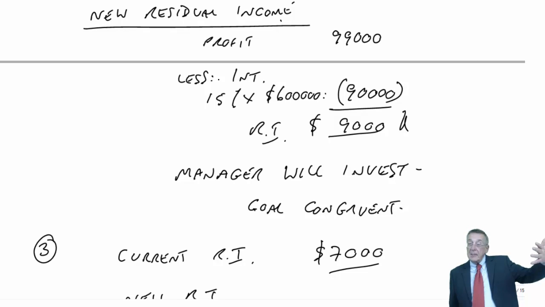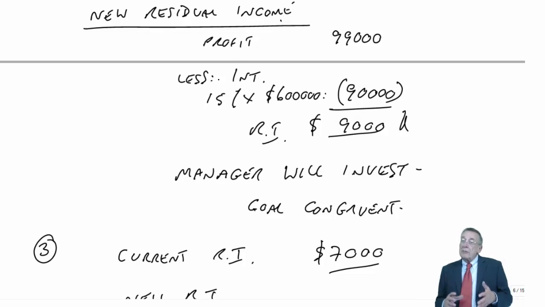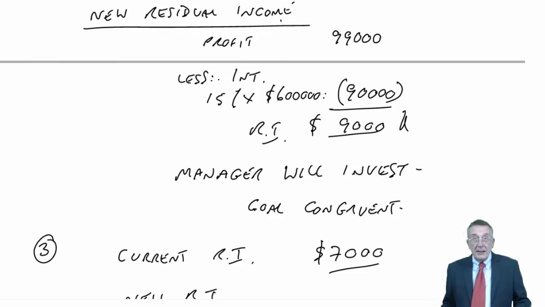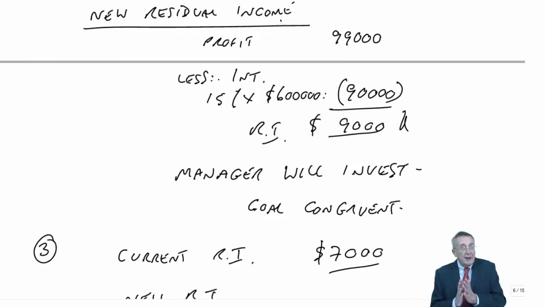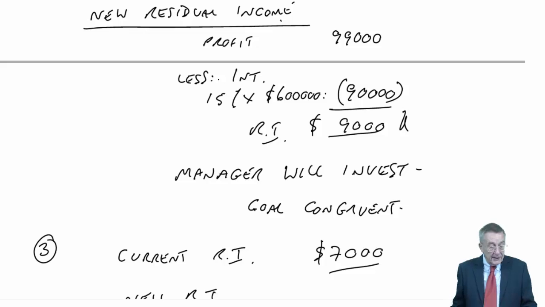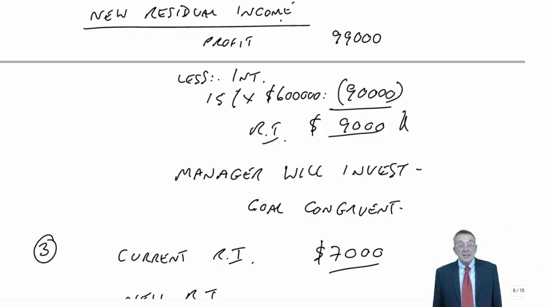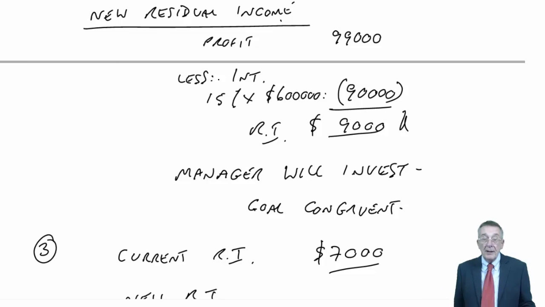It doesn't actually mean the manager's performing better just because the division's bigger. Whereas return on investment, because it's a percentage measure, is better when you're comparing divisions of different sizes. But it may lead to dysfunctional decision making, a lack of goal congruence. That's what I've been hopefully making clear.